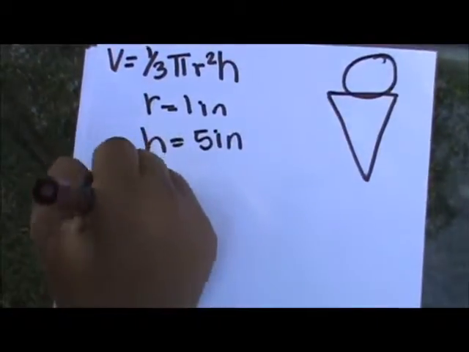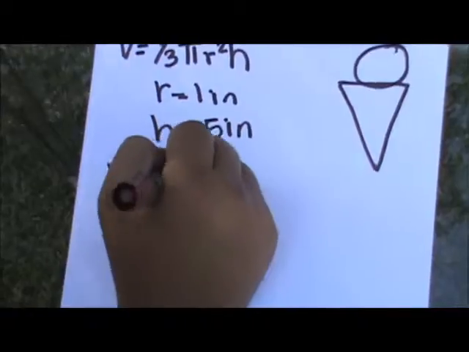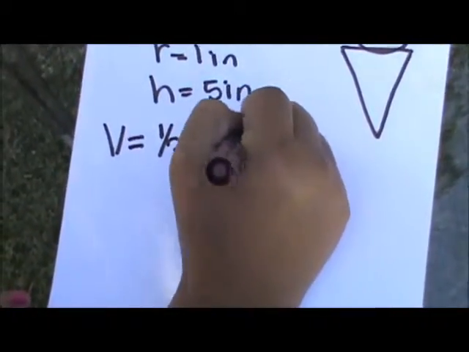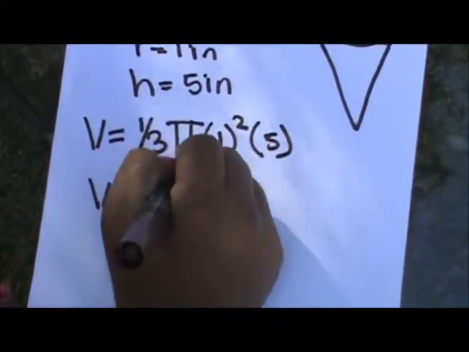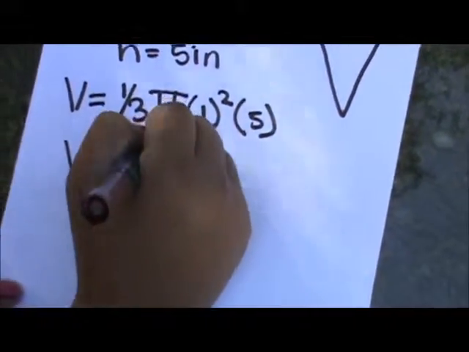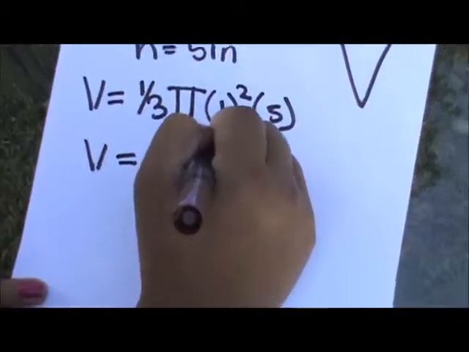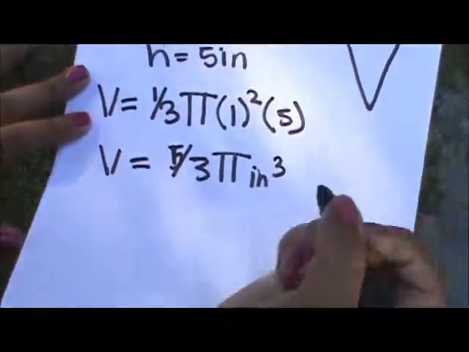So now all we have to do is plug our information into the equation. So it'll be 1/3 pi times 1 squared times 5. We work it out and we should get 5/3 pi inch cubed.